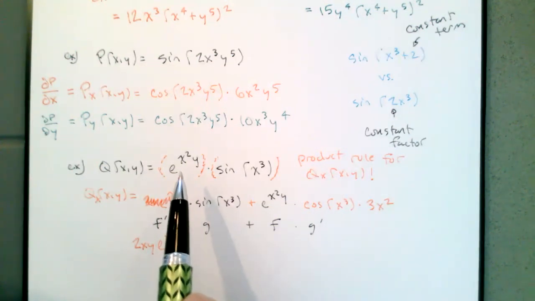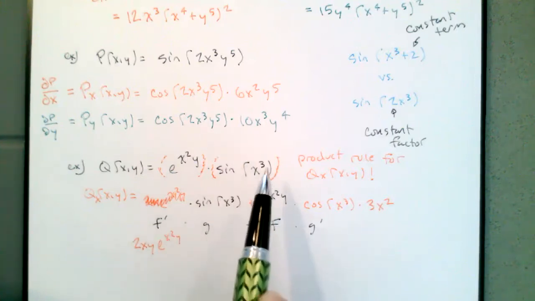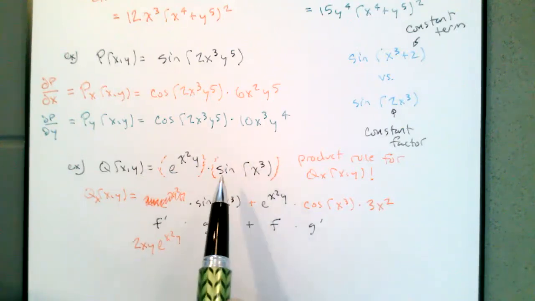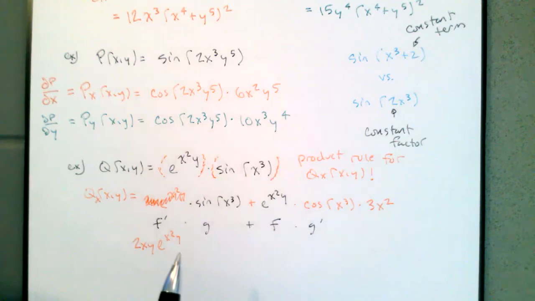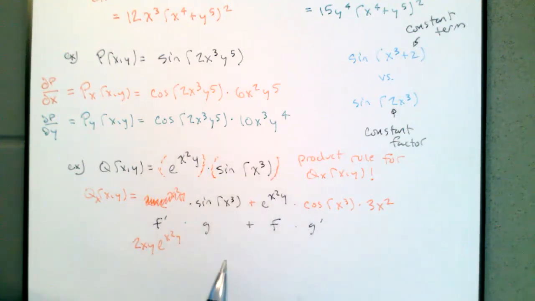But when we look at it for functions of y, we see a function of y and a constant factor. Sine of x cubed does not have any y in it, so sine of x cubed is a constant factor. We don't need the product rule for qy.